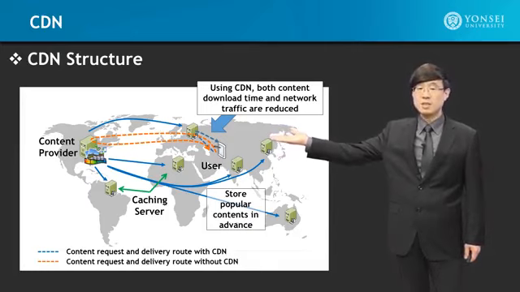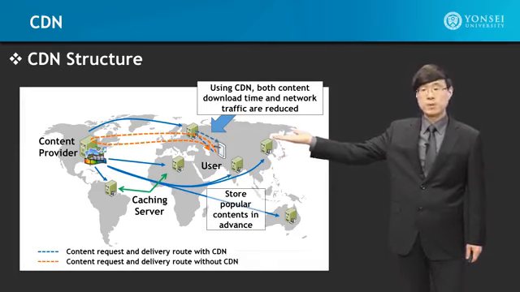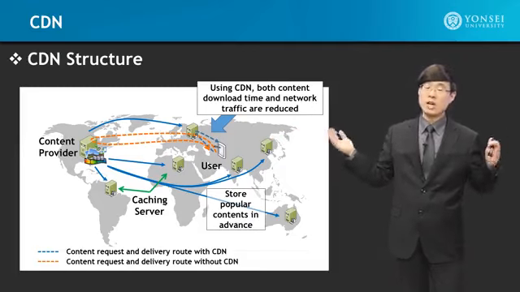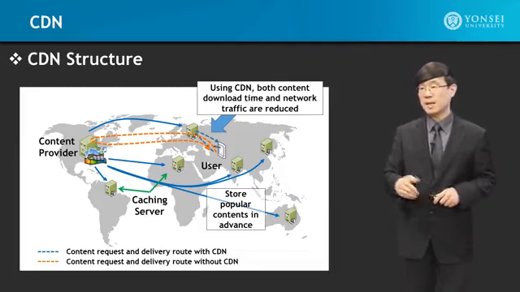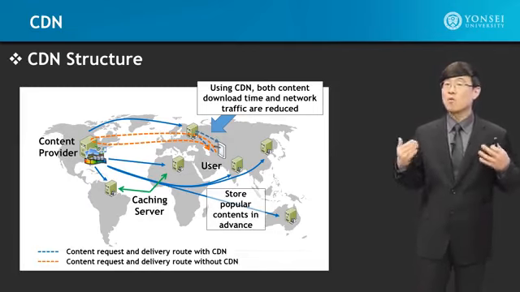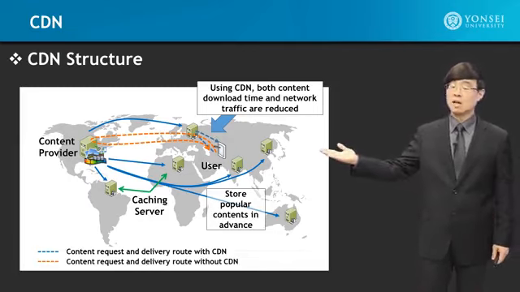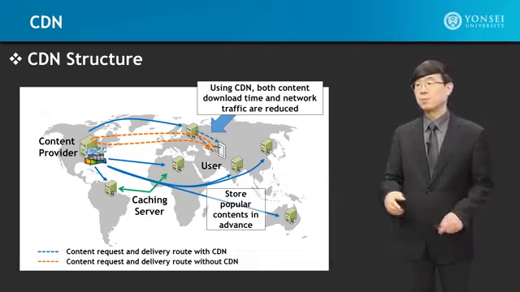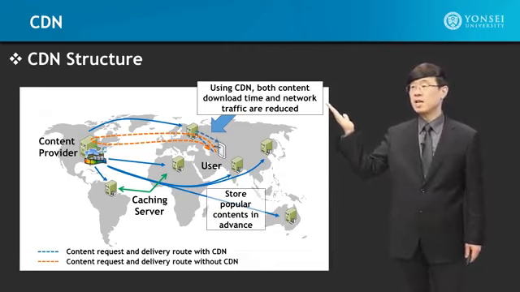If everybody is connecting to the United States to download something from Google or YouTube, then naturally the overall international connection that connects these contents is going to be overcapacitated, overloaded, and overall a lot of different services are going to be heavily influenced. To prevent that, we are going to use CDN technology. Using CDN, both content download time and network traffic are reduced. Win-win. So therefore, it is very important.